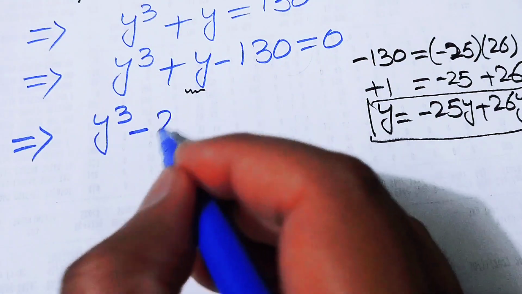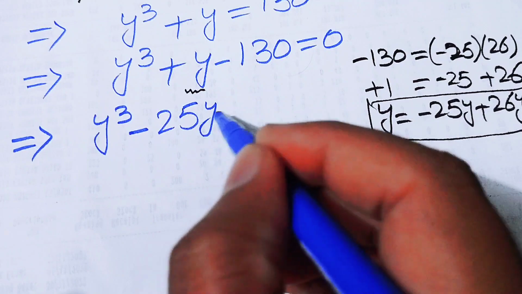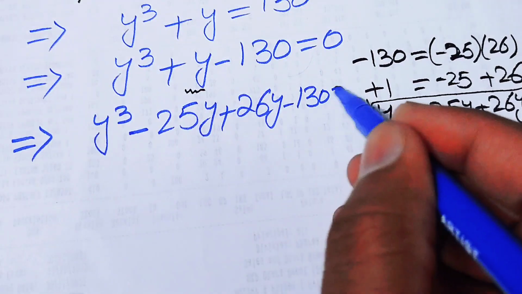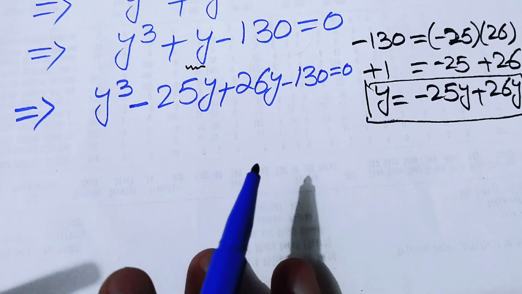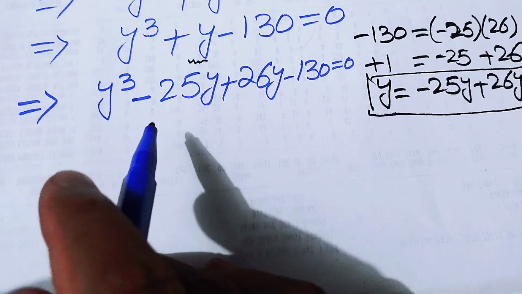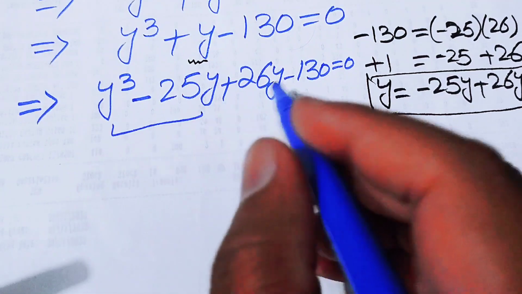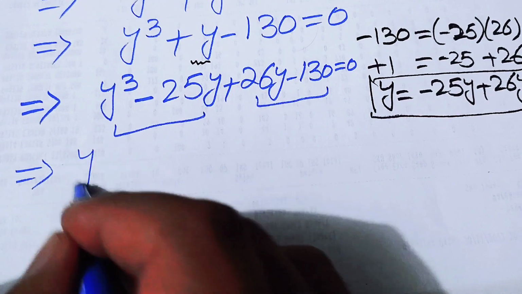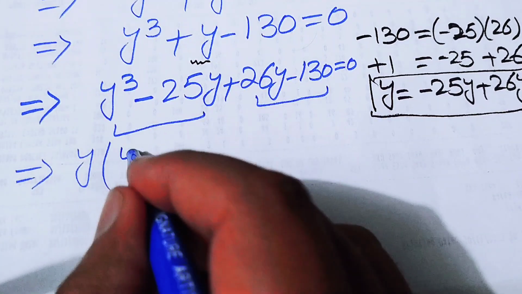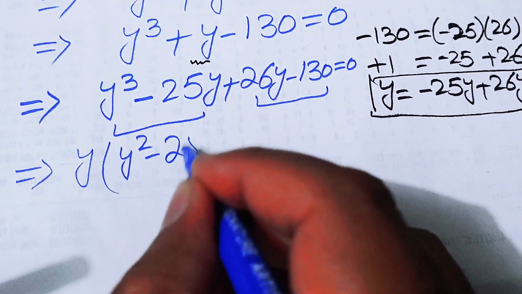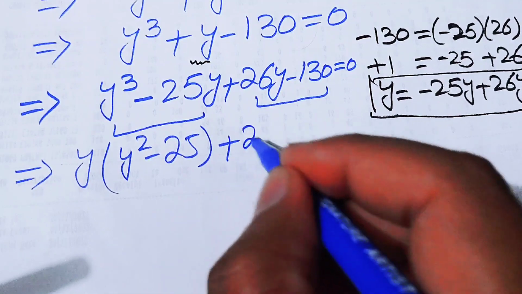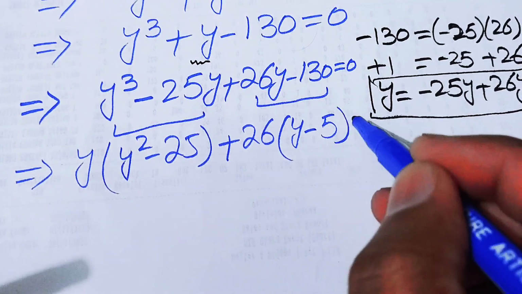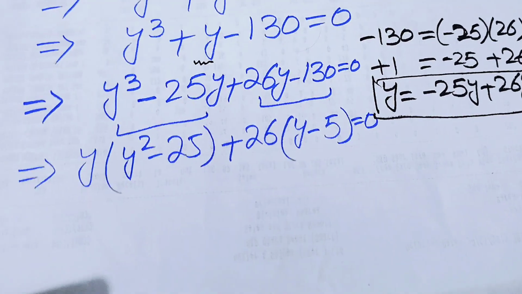We put here minus 25y plus 26y minus 130 is equal to 0. So now we make factors and we take common y from the first two terms and we take common 26 from the other two terms. So we get y times y squared minus 25, and when we take common 26 we get y minus 5 is equal to 0.